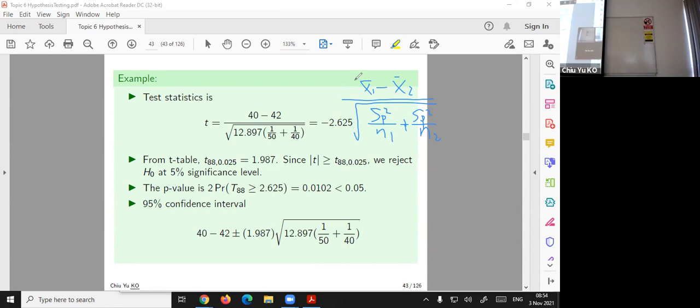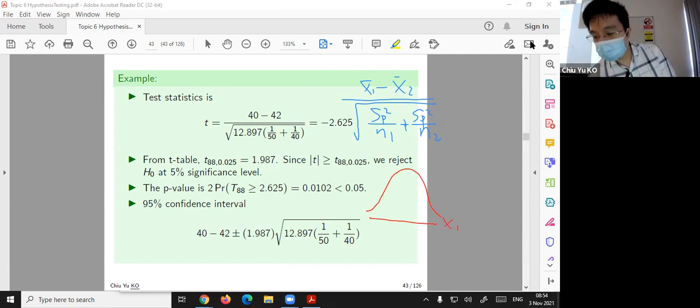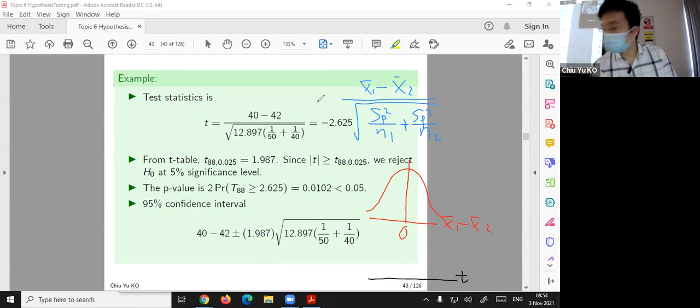Now you get the number, so you need to check out the p-value, okay? Just to remind you, what we are doing here is nothing but the difference, and under the null this is 0. Because I said we never do it in the normal, we do it in the t, and the degree of freedom is n1 plus n2 minus 2, so it's 40 plus 50 minus 2, which is 88.